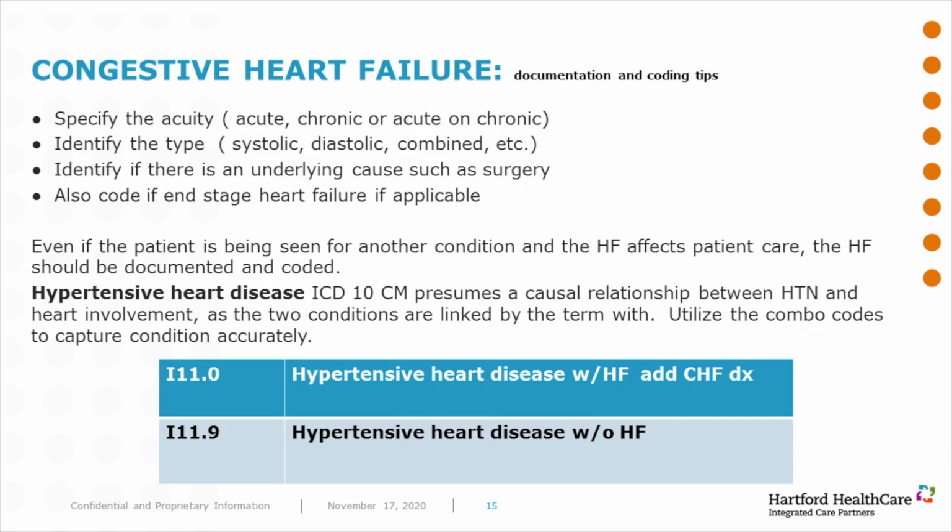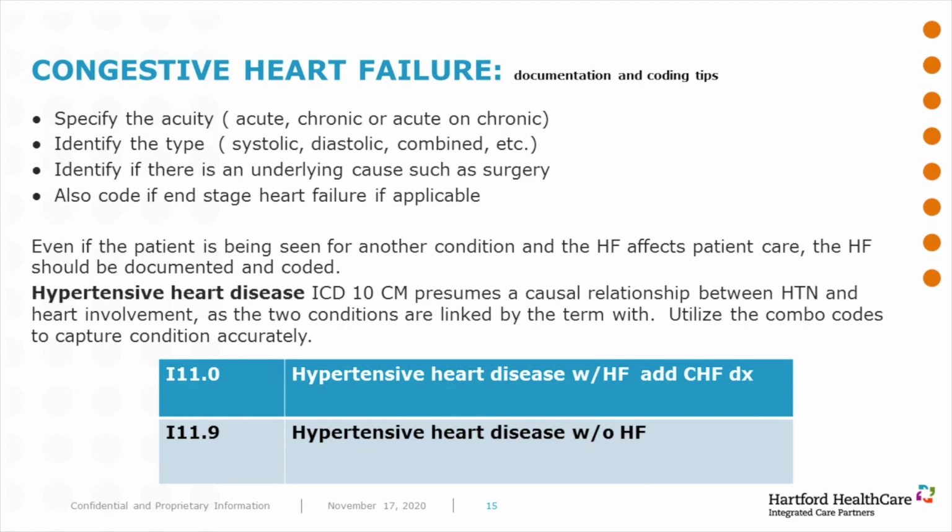Hypertensive heart disease with heart failure, I11.0, and you would add the congestive heart failure code to have complete coding and documentation. And then we have I11.9, which is hypertensive heart disease without heart failure. You wouldn't need, of course, to add the heart failure code because they don't have heart failure.